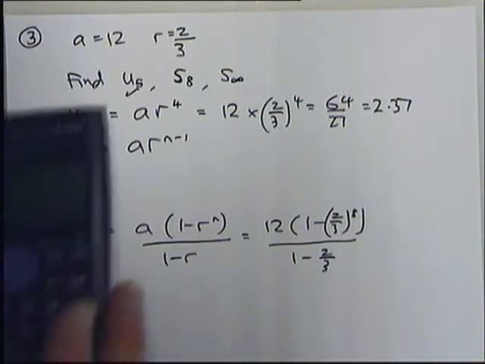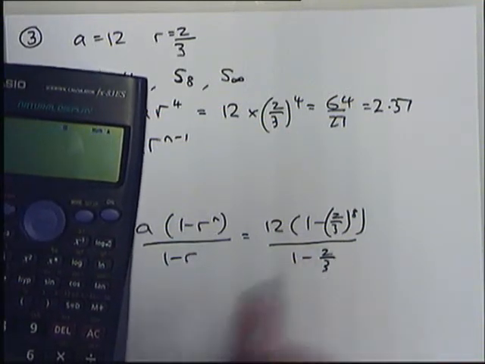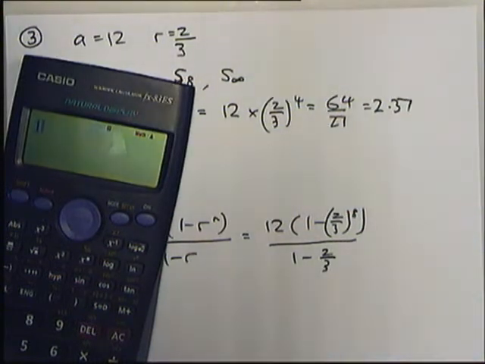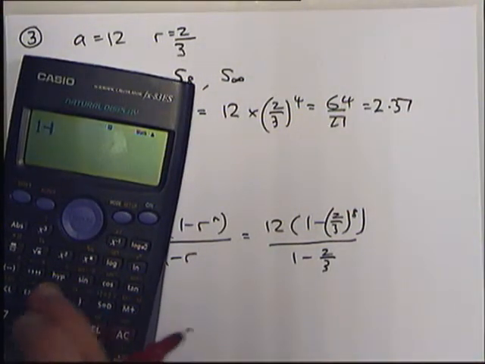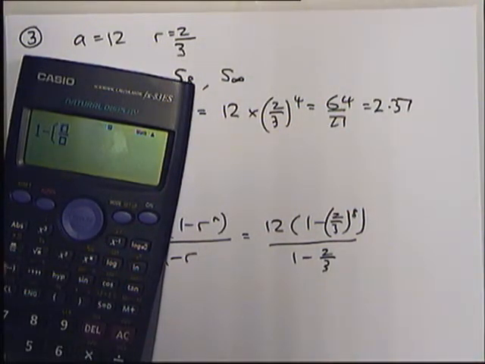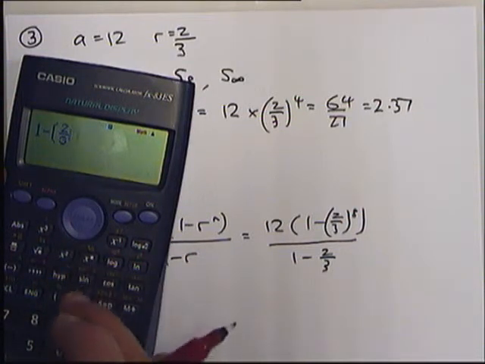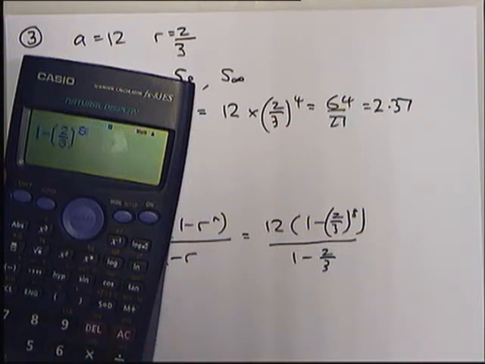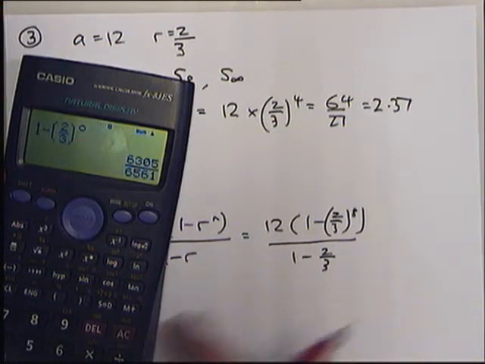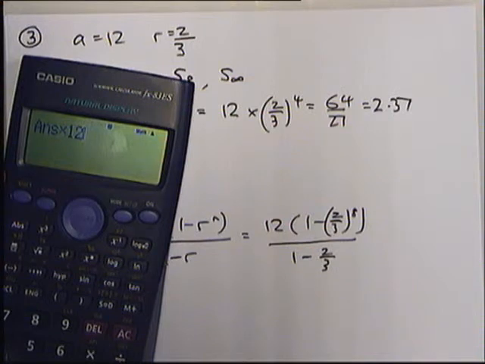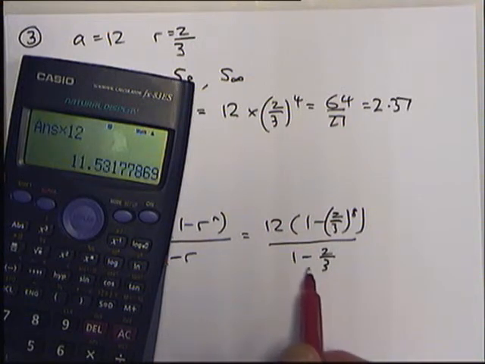And again, if I go for my calculator, I'll do the bracket first. I need to do 1 take away a fraction, 2/3 to the power of 8. I need to times that by 12. And I need to divide by this, 1 take away 2/3, that's 1/3.